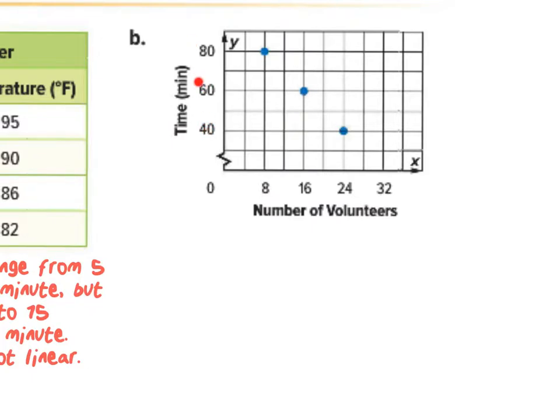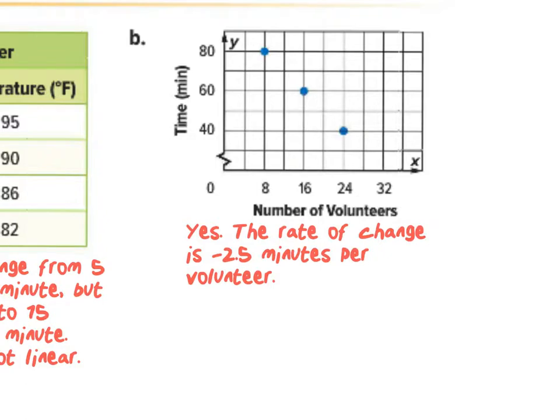Over here we're dropping by 20 and we double the number of volunteers. Drop by 20 and increase it again by 8. So here we're increasing by 8 each time, and here we're dropping by 20 minutes each time. So for every 8 volunteers, we save 20 minutes. You see? So is it linear?